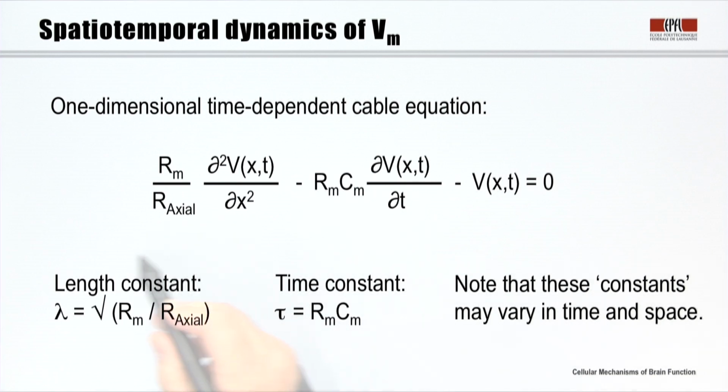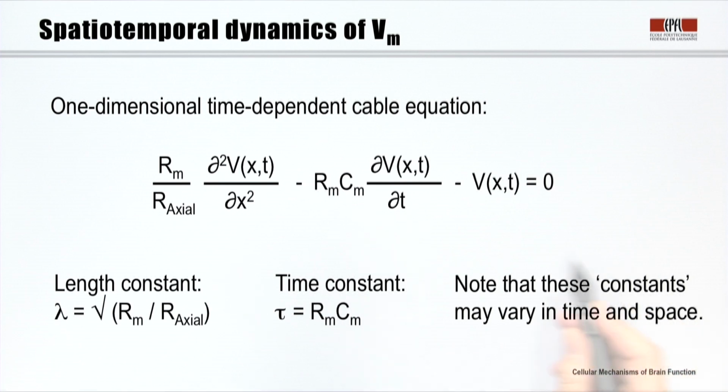We have two important constants. We have a length constant that indicates the length scale over which the membrane potential decreases, and we have another important constant, the time constant, that tells us over what time scale the membrane potential is filtered as it traverses the neuronal arborization in space and time.